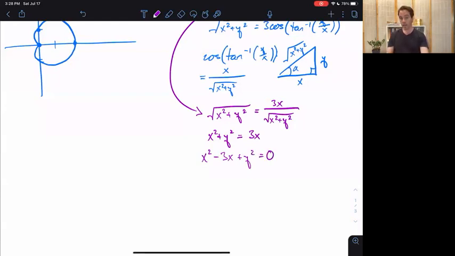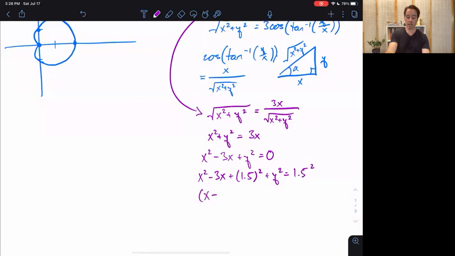Complete the square on x. That means that we're going to be taking half of the -3, that's -1.5, squaring it and adding it to both sides. So x squared minus 3x plus 1.5 squared plus y squared equals 1.5 squared.